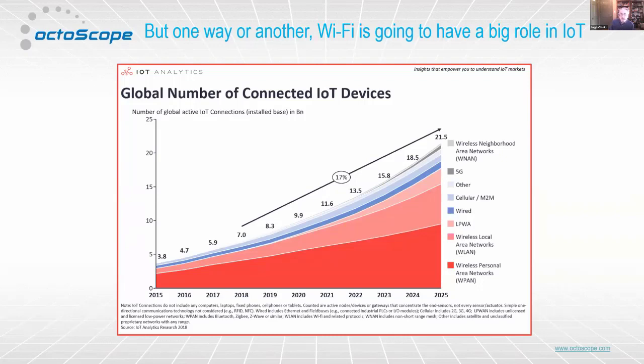If you look at the later edge of this chart, say around 2025, even though you hear a lot of conversation about IoT and 5G, and various cellular standards, things like that, at least according to this prediction, how many of the devices will be supported by those technologies is quite small compared to the very large number of devices that are going to be supported by personal area networking standards and local area networking standards like Wi-Fi. So anyway, it's going to be critical, and it's important for Wi-Fi to be able to do it, which is part of the reason that Wi-Fi 6 contains some of the capabilities it contains.